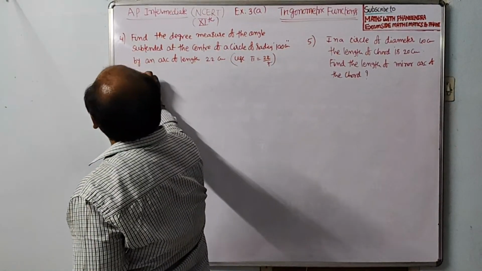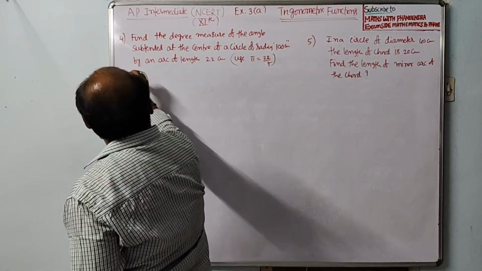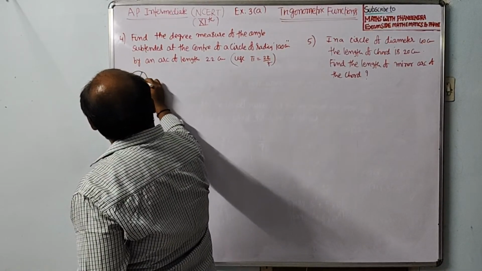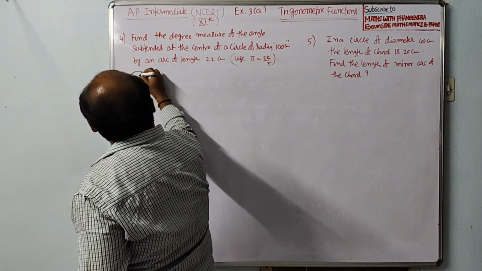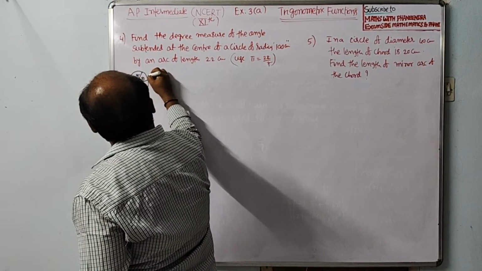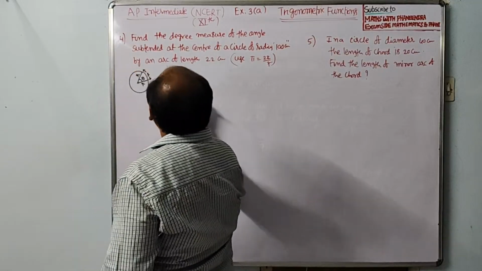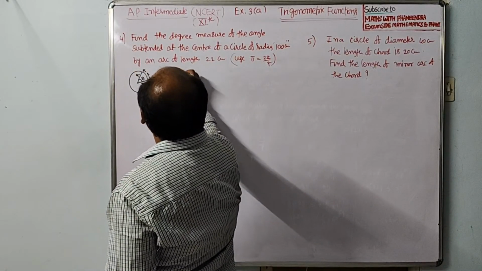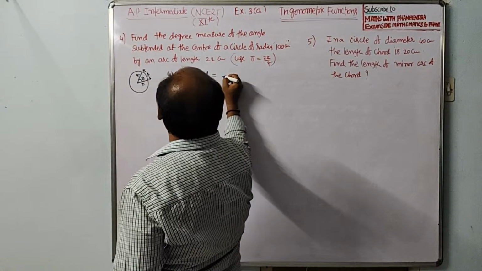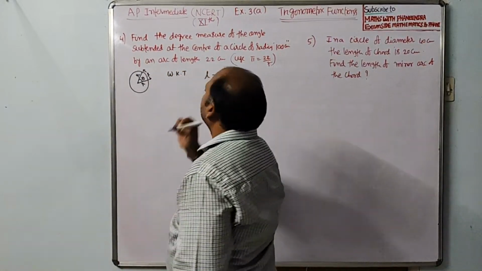We know that the circle will be like this, dear students. Theta, radius, and length of arc. We know that L is equal to R theta.